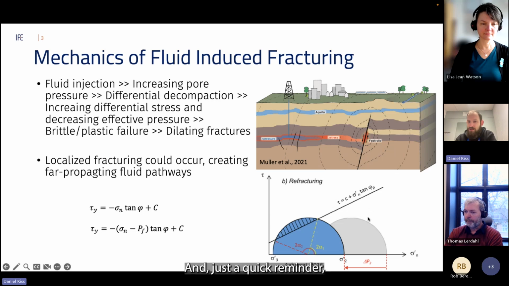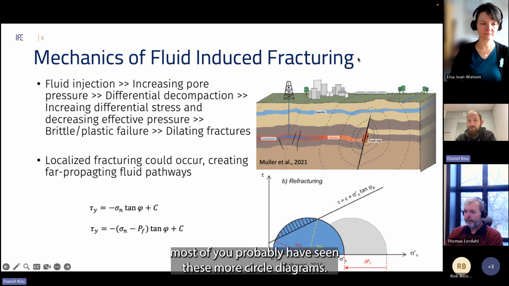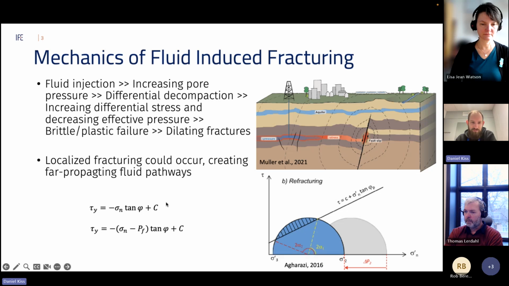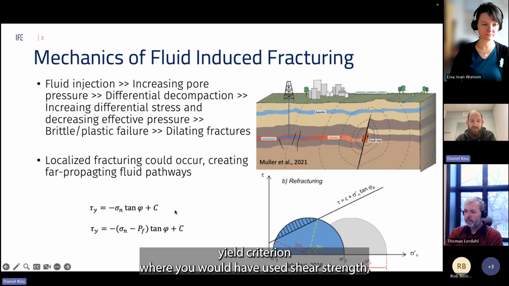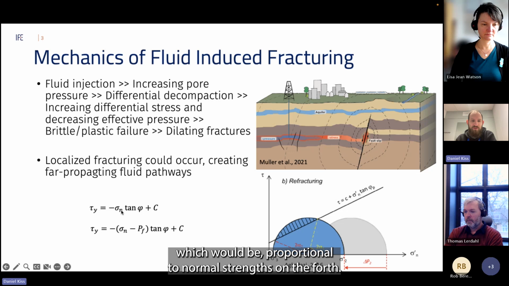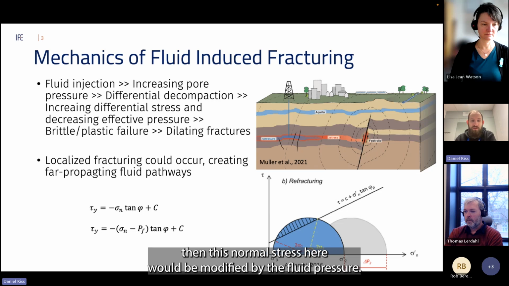And just a quick reminder, most of you probably have seen these Mohr circle diagrams. This is the standard Mohr-Coulomb yield criterion, where you would have yield shear strengths, which would be proportional to normal stress on the fault. And according to Terzaghi's principle, whenever we have fluid injection, then this normal stress here would be modified by the fluid pressure.